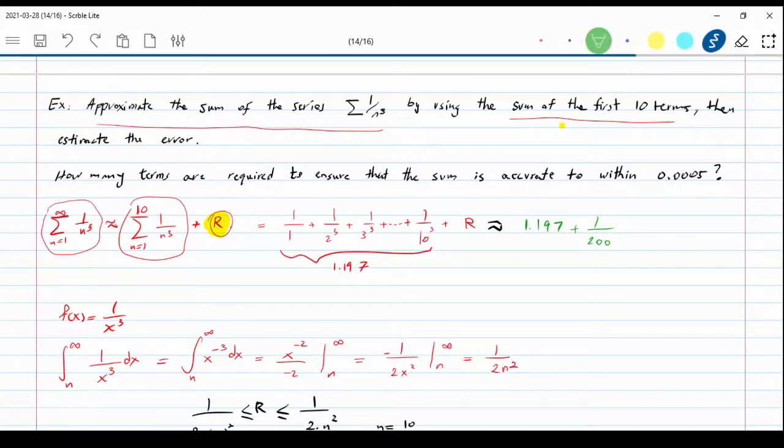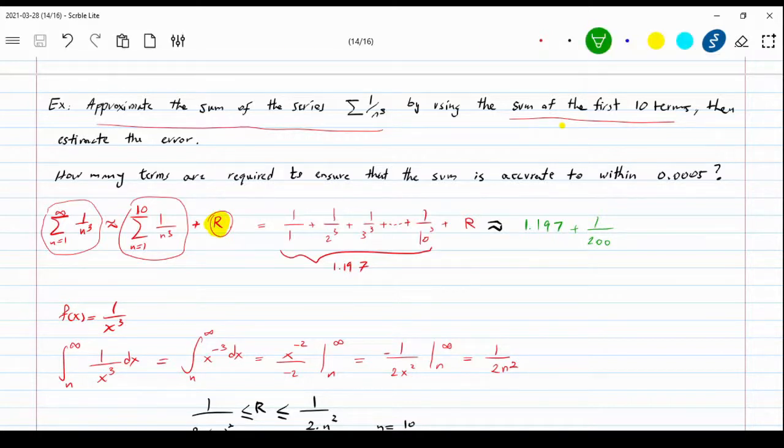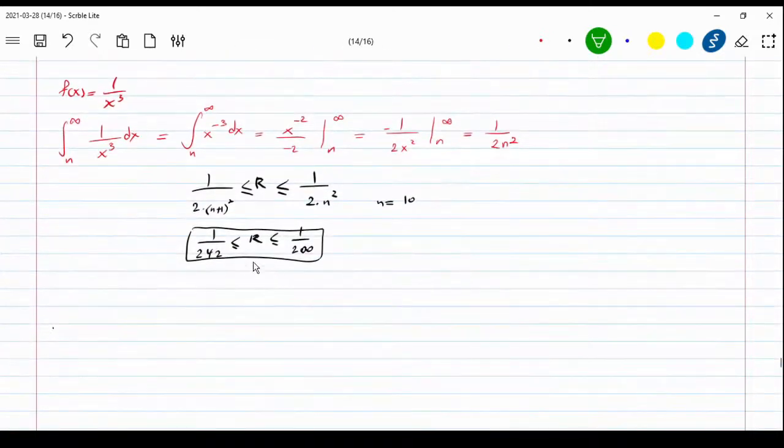So the error is bounded by 1 over 200. The interval that you represent tells you where the error lies. The error of the estimation lies between these two numbers, which are close, about 0.005 on one side and something like 0.004 on the other. So the error is quite small.